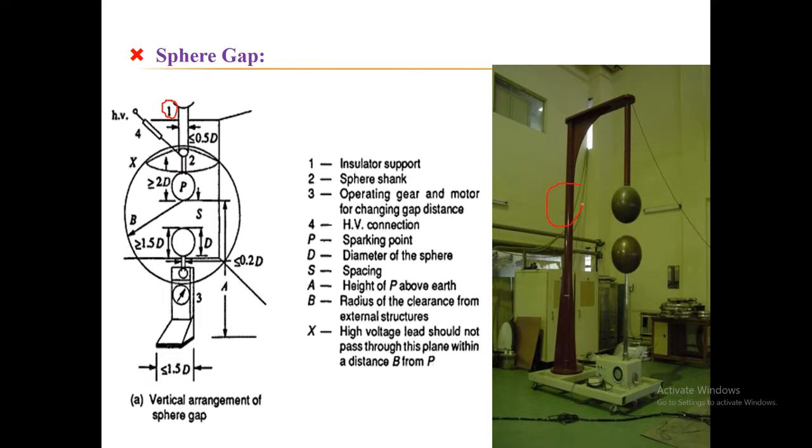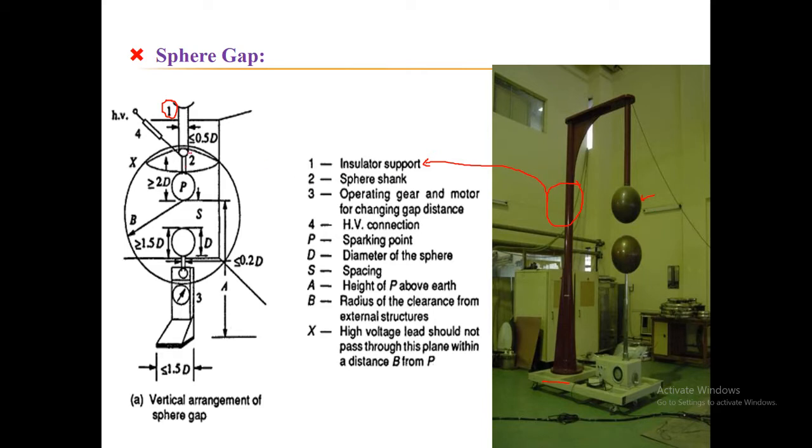Ultimately it gives electrical isolation between the high voltage electrode and the ground, as well as between this metallic portion and the high voltage electrode when high voltage is being applied. Of course, it also provides mechanical support to this sphere gap assembly.